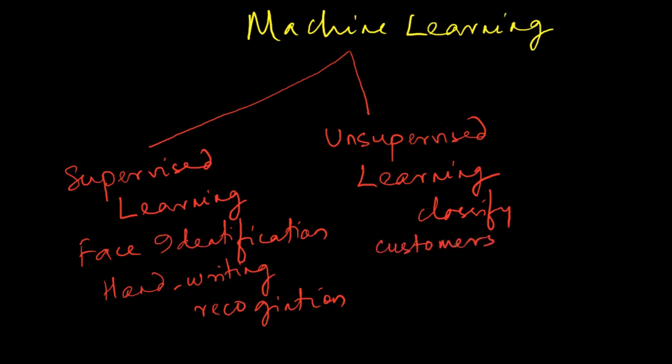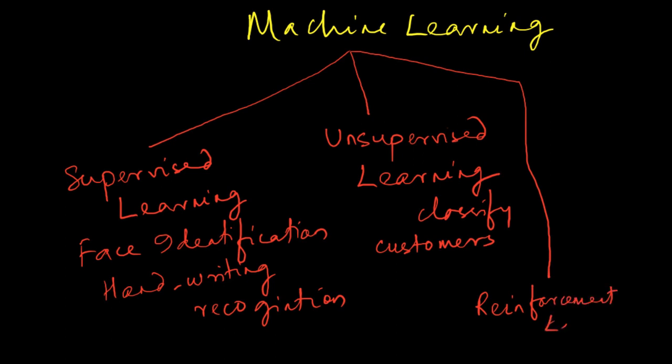The third kind, which is perhaps a lot more recent, but again very, very powerful, is what is called reinforcement learning. So reinforcement learning is what has made all these driverless cars and robotics and many other kinds of automation systems possible.